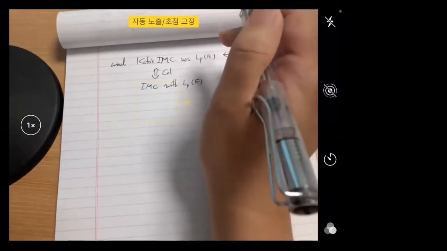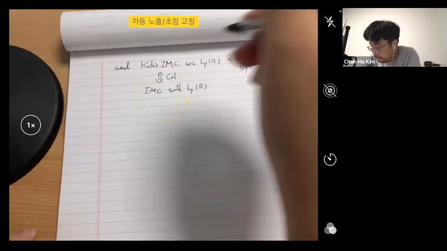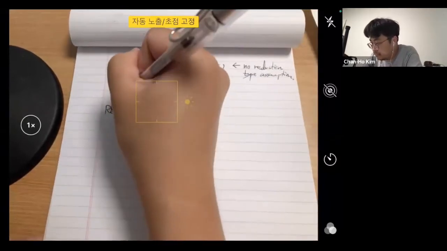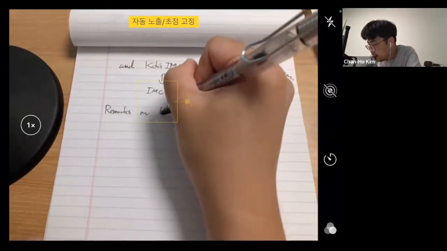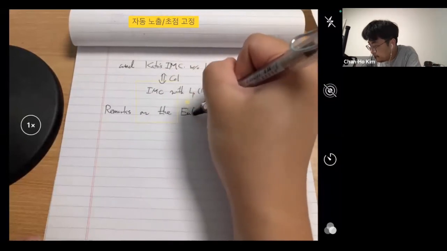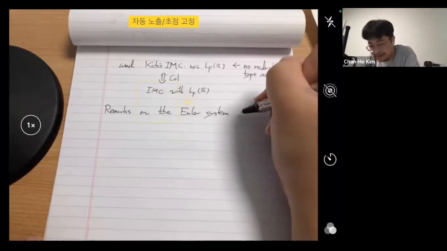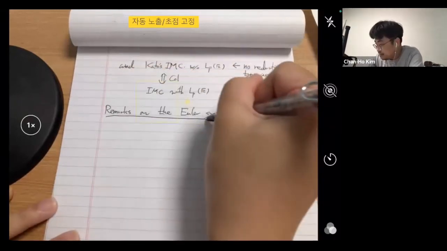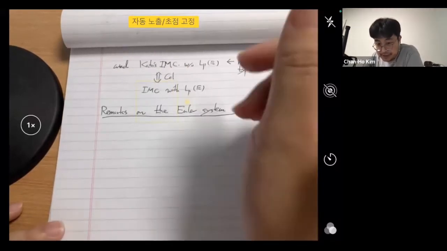So, okay, let me give some remarks on the Euler system argument. Indeed, this feature is very well explained in Francesca's talk, so I will draw a similar picture here.